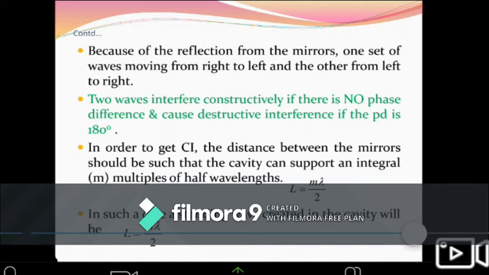That is very important. From this you can get the wavelength: L is equal to m lambda by 2, so actually I should write lambda is equal to 2L by m. That is the wavelength of the light produced.